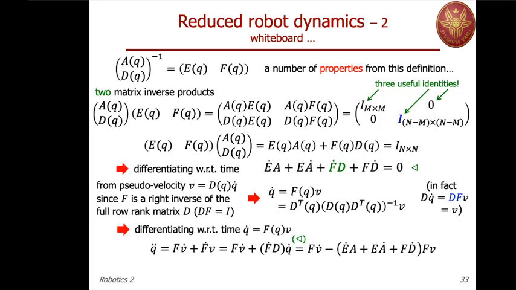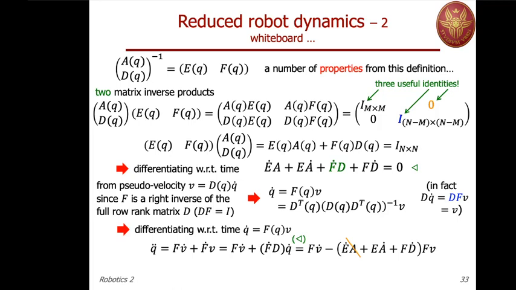Now, in this expression, there is a further simplification. If you look, you have the first term, which is there, F times v dot. Now, the following product, E dot A times F v: in this product, you recognize the adjacency of A and F, so you have in fact the product A F, and if you look at the identities that we have found in the first place, in particular, I have highlighted the one that we need in orange, we know that A times F is in fact identically 0.